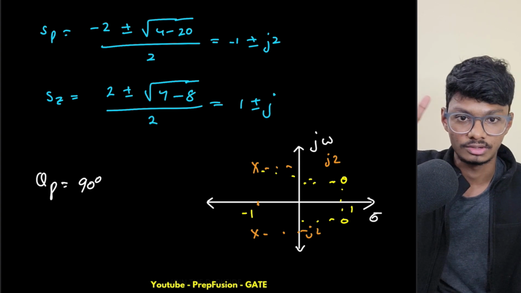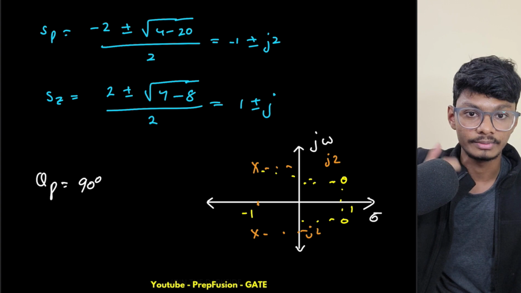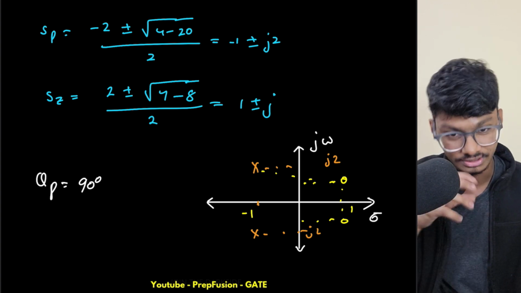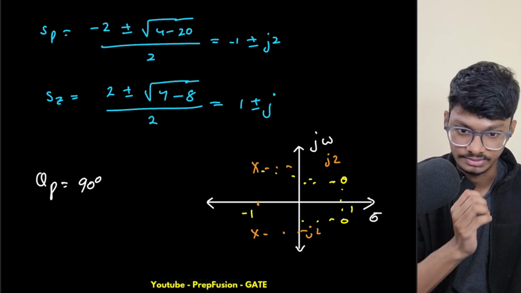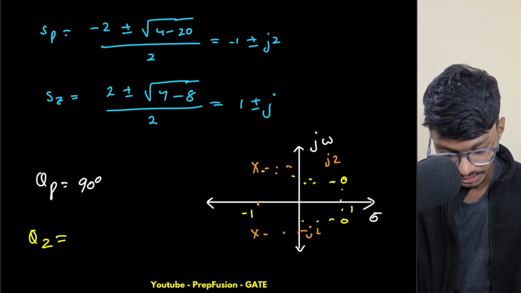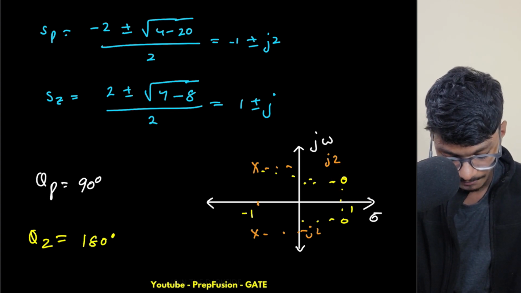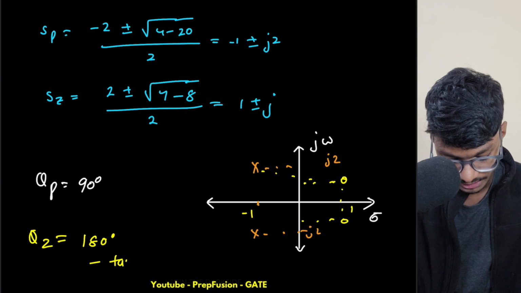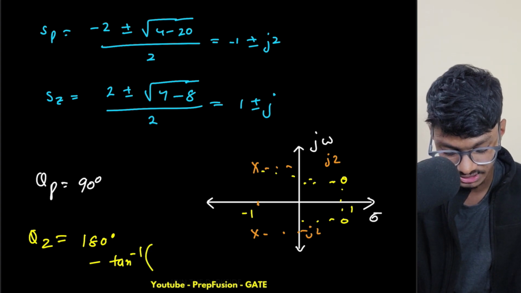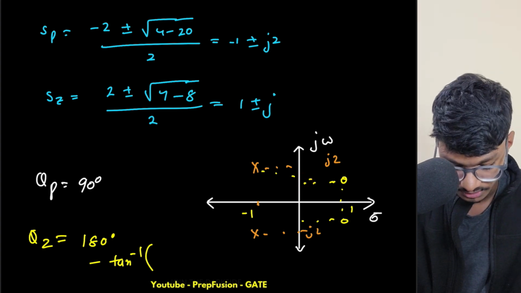It is in the second quadrant. If it is in the second quadrant, that means my angle will be 180 minus theta. I have explained the basics of angle many times. So theta z, the angle contribution due to this zero, will be 180 minus theta, which is tan inverse of the distance I'm moving in the y direction. This is plus j. Let me write this.